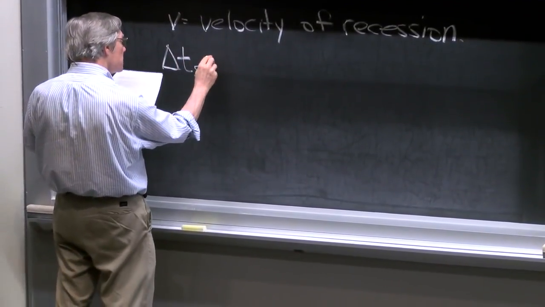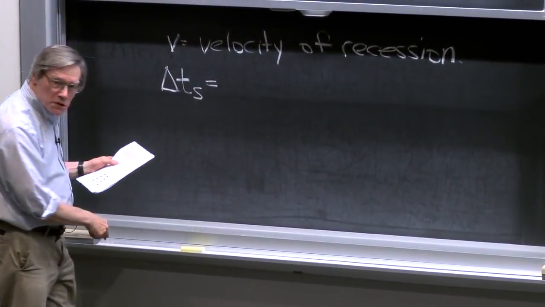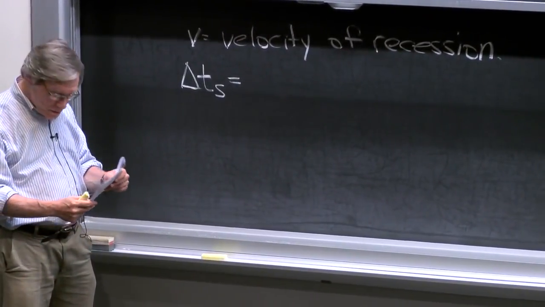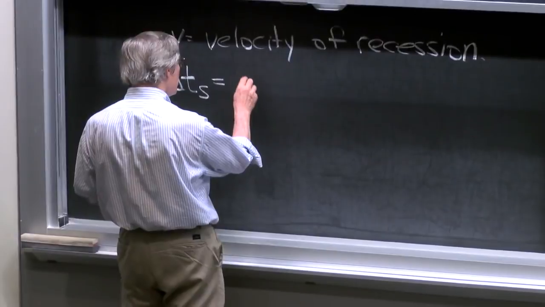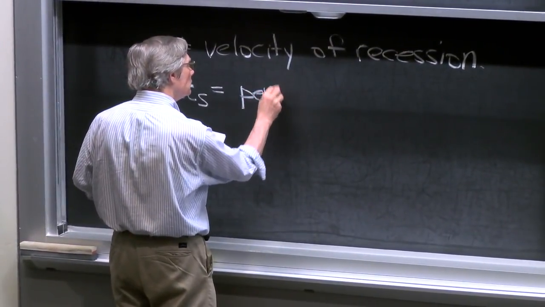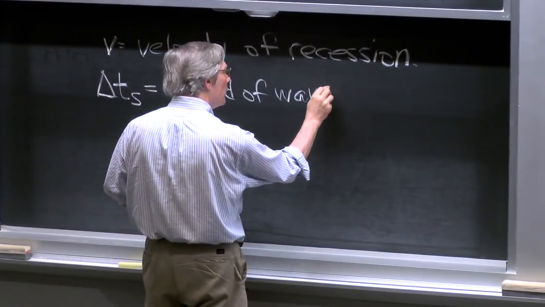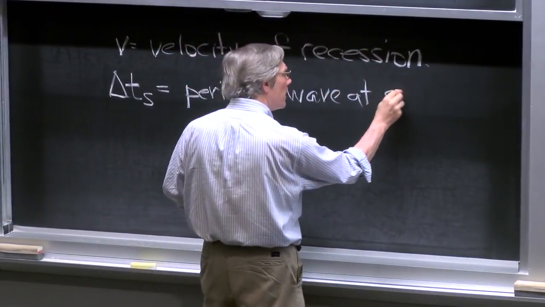Delta t sub s, s for source, will be the time interval between wave crests as measured at the source, so the period of the wave at the source.